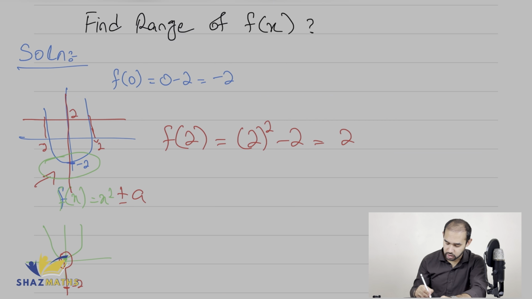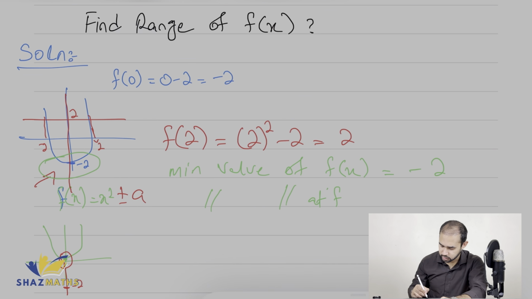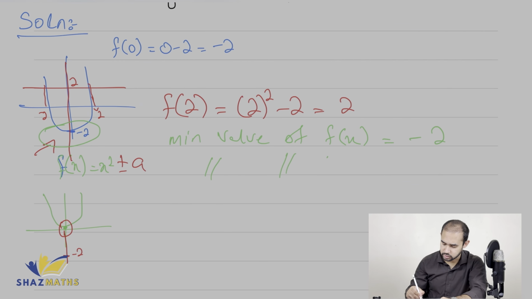So I'm just going to say minimum value of f of x is equal to -2. In fact, let me do this again. Minimum value of the function at x equals 0 is equal to -2. So both statements mean the same.